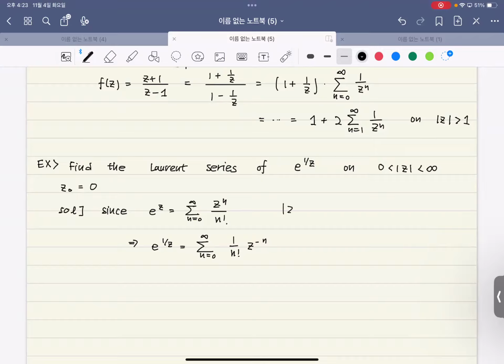We know that the exponential power series is true for all complex numbers, and so this must be true for all non-zero complex numbers. So this is the rule.